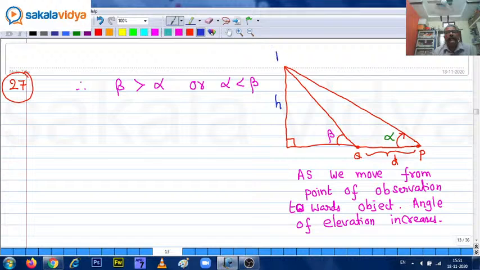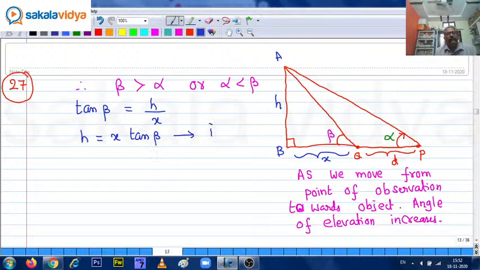Say this is AB, and say this distance is equal to x. Now take the smaller triangle. Tan beta is equal to h upon x, so h equals x tan beta. Say equation 1. Now take the bigger triangle.